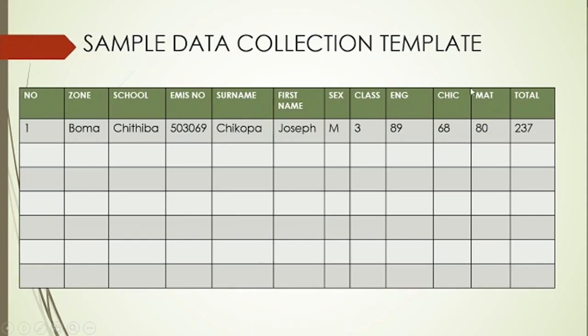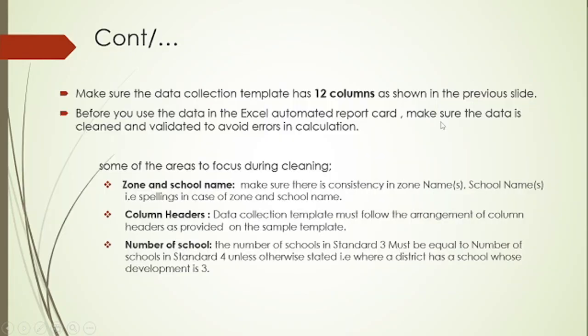If you switch these subject column headers, for example, you start with the math, when calculating in the Excel automated report card, those marks for mathematics will be regarded as English scores. So we may end up having the wrong interpretation of the report card. So we need to make sure that we follow this arrangement of the data collection template.